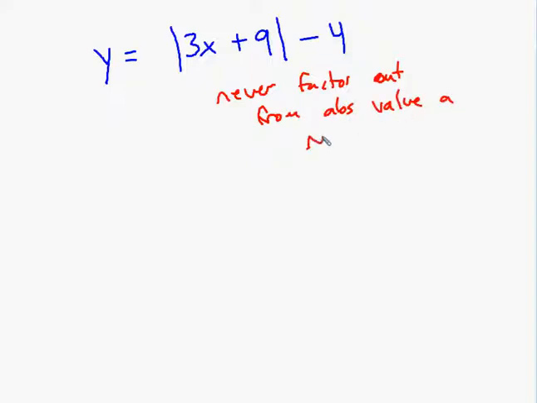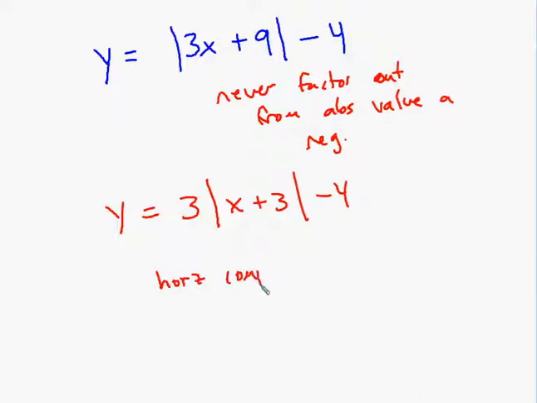But I can factor out a whole number. So in that case, I could factor out the 3. So now this is a transformation. It is a horizontal compression of factor 3, because I have a 3 out there. It moves left 3 units and down 4 units.